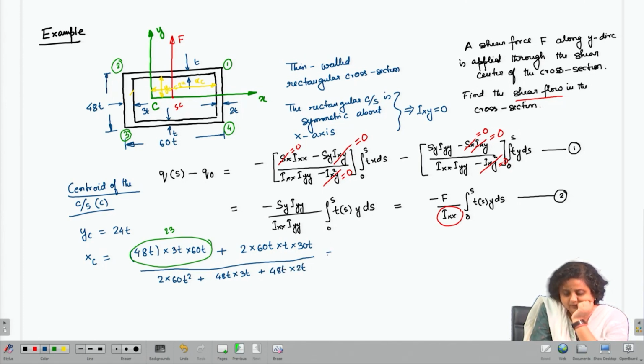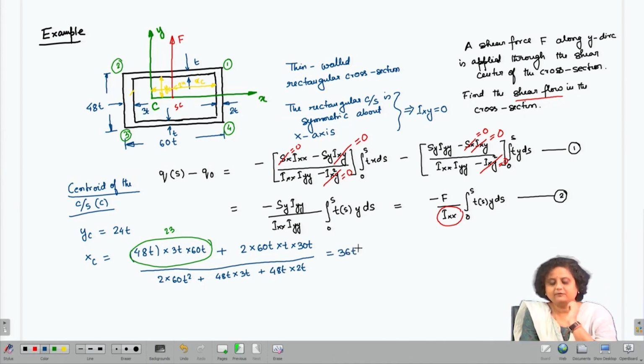If we evaluate this, we will get this as 36 t. Therefore, x c is located at 36 t from the web 1 4.